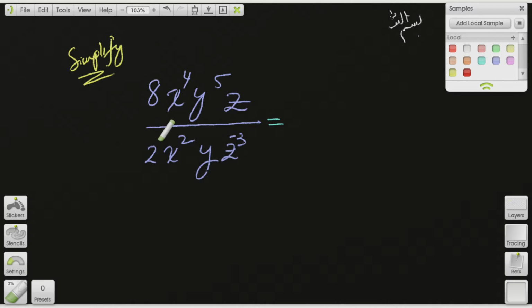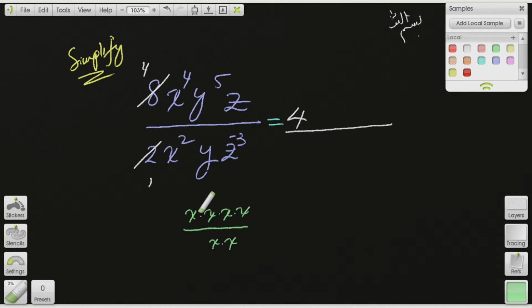Well, 8 divided by 2. 2 goes in there 4 times. Okay, that's a 4. Not too bad. X to the 4th divided by x to the 2nd. Well, there are 4 of them here, and there's 2 of them on the bottom over here. 2 will be left, right?